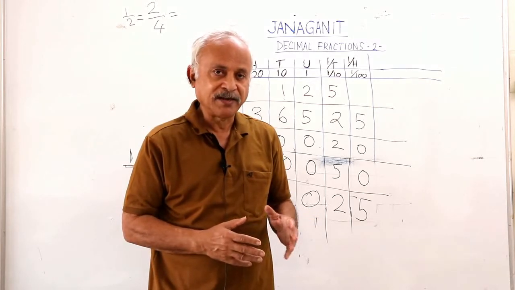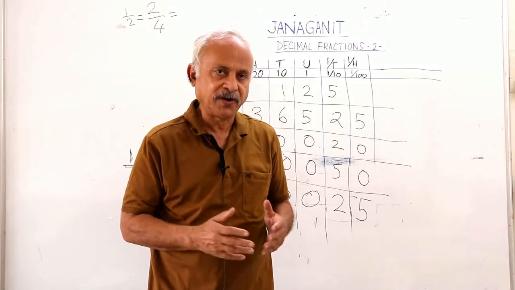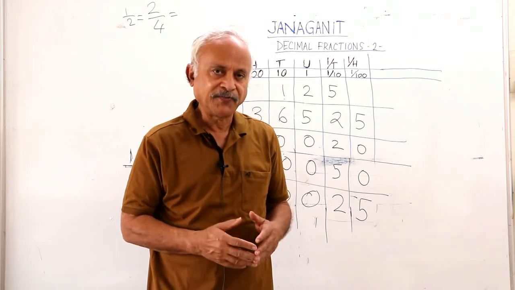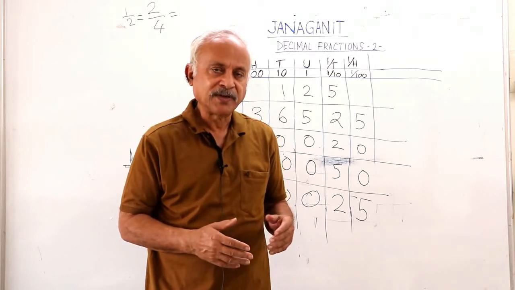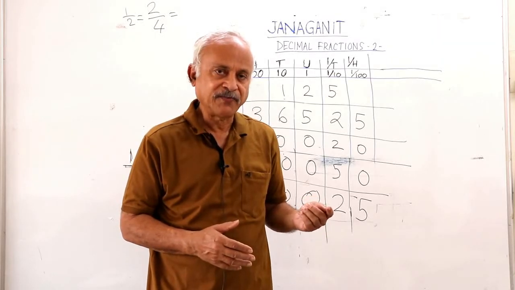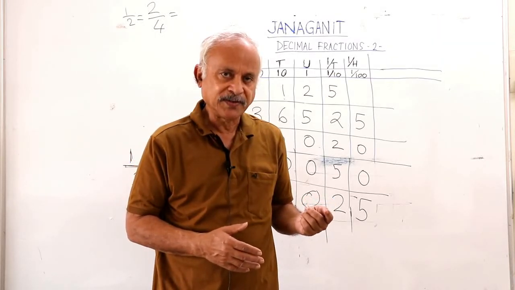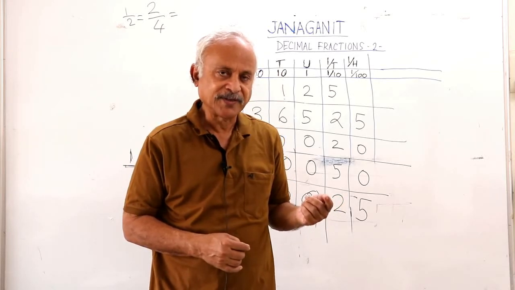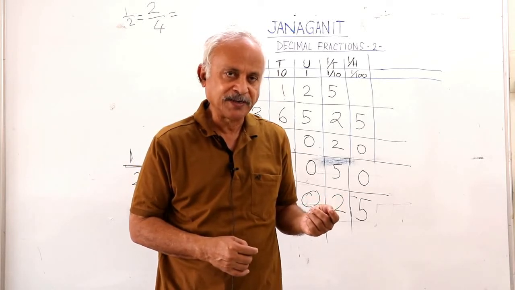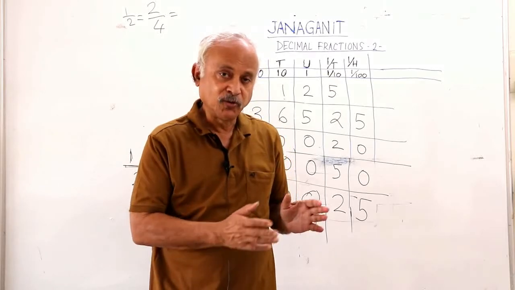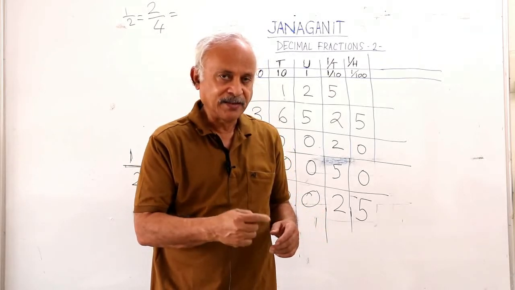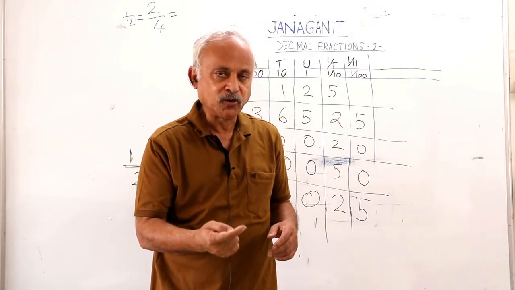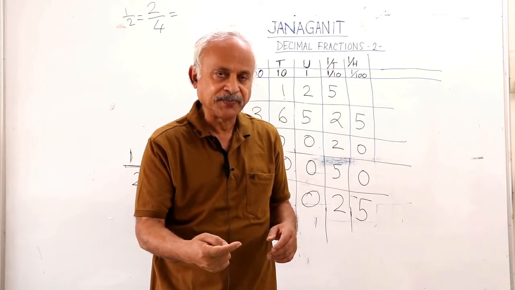The last problem that Gyan Jyoti did was half of half. Half of half was half of 5 1 by 10 pieces, because we saw earlier that half is the same as 5 pieces of 1 by 10. So that is 2 pieces of 1 by 10, and then the remaining piece had to be divided further into 10 pieces.